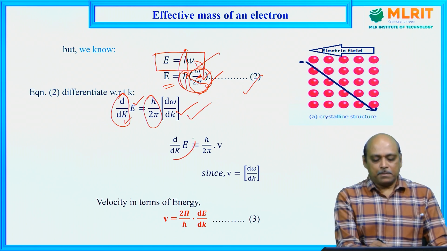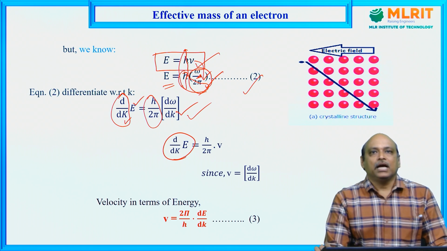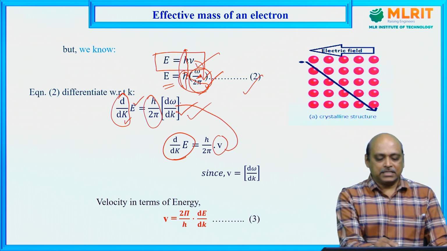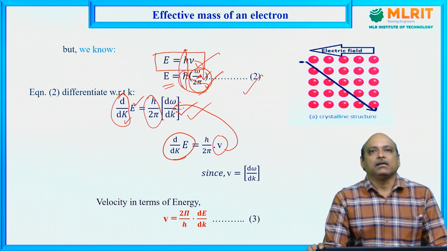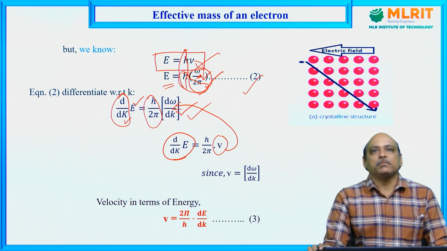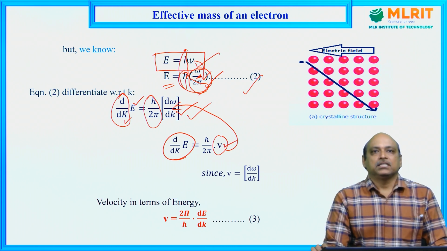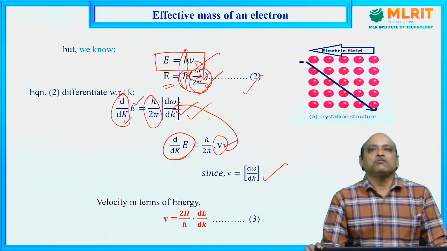So dE by dk is equal to h by 2 pi into, here the value of v is exactly matching d omega by dk. So in place of d omega by dk, based on equation number 1, we can write v, since the v value is d omega by dk.